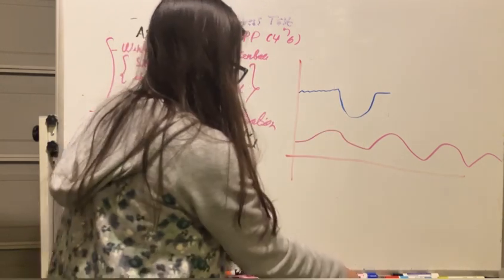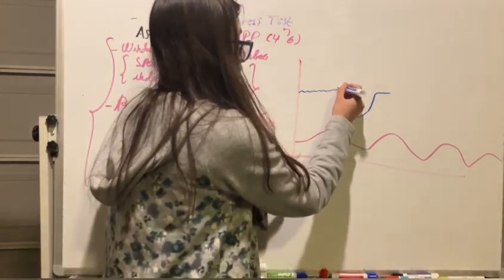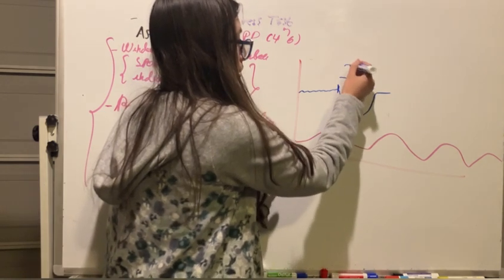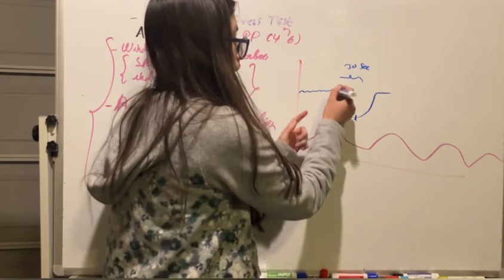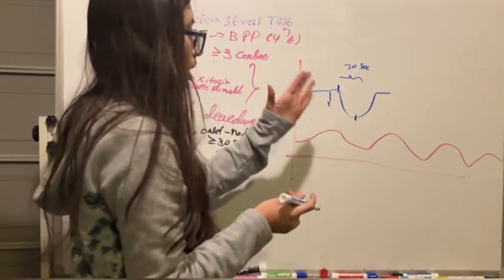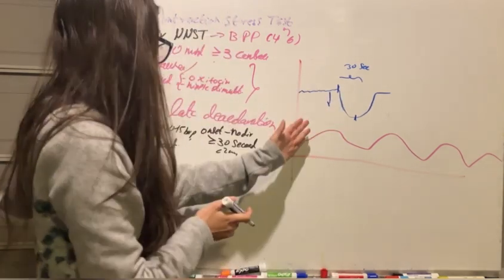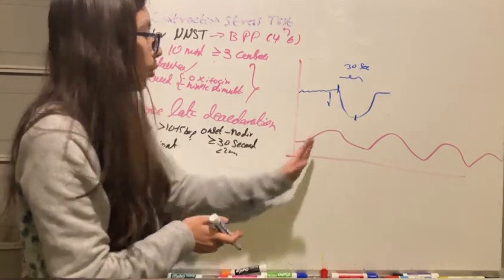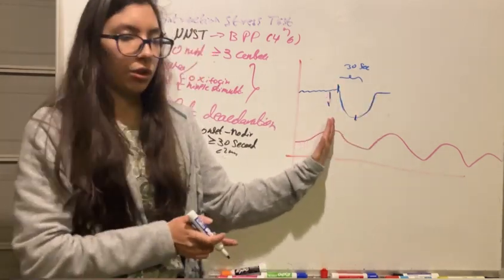And here we see how from the onset to the nadir, it is more than 30 seconds. This is a decrease in fetal heart rate lasting more than 30 seconds from here to here, a gradual deceleration, which is late to the contraction.